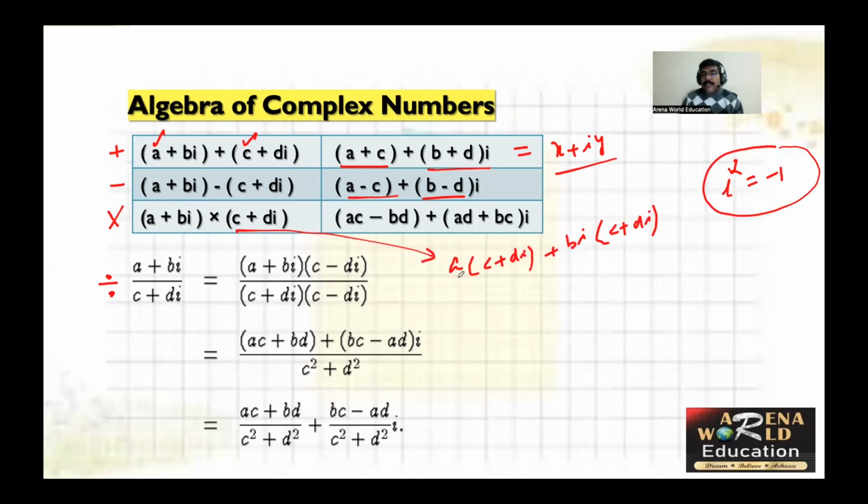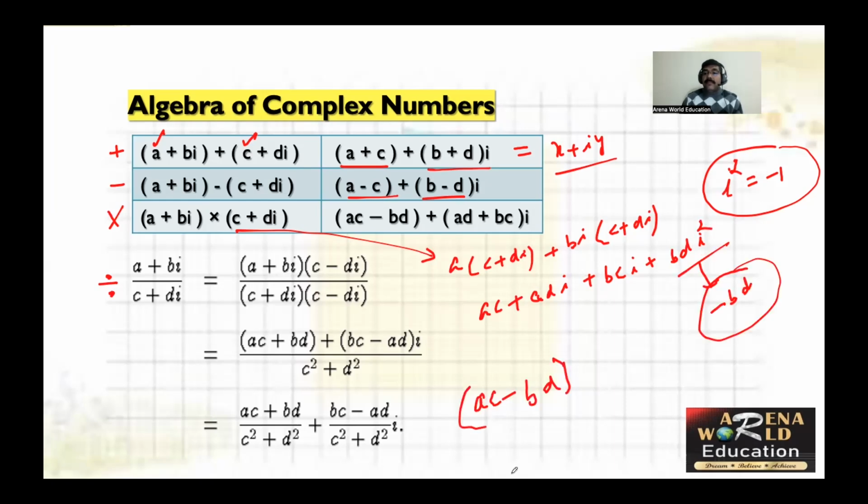So now this will be ac, and a into d iota, plus bc iota, plus b into d iota square, right? Iota square is what? -1. We can write ac and bd together, so it will be ac minus bd, right?